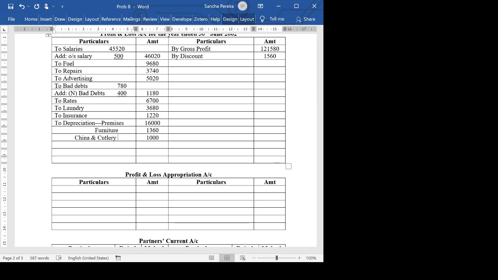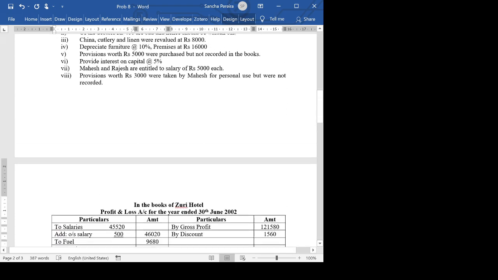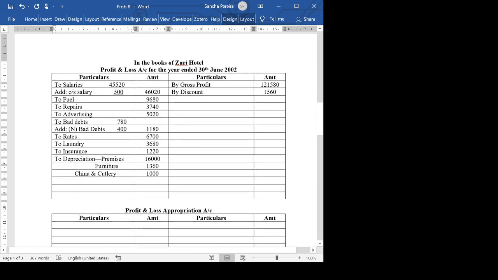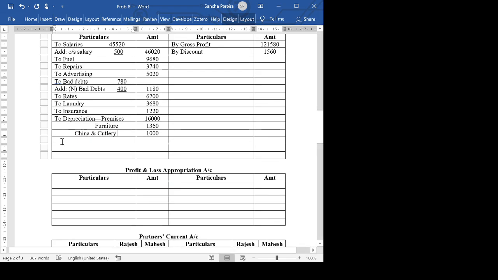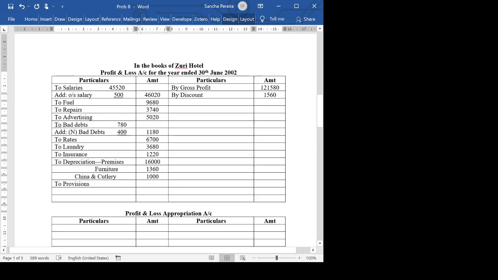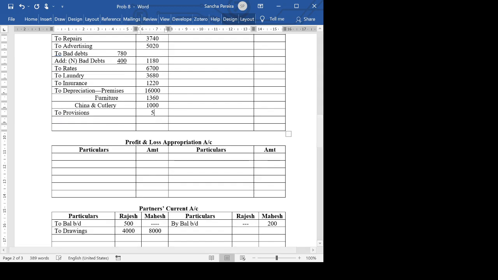Then we have provisions worth rupees 5,000 that were purchased but not recorded in the books. So these go as unrecorded purchases. So I can just show it as two provisions, like an expense. Provisions worth 5,000.